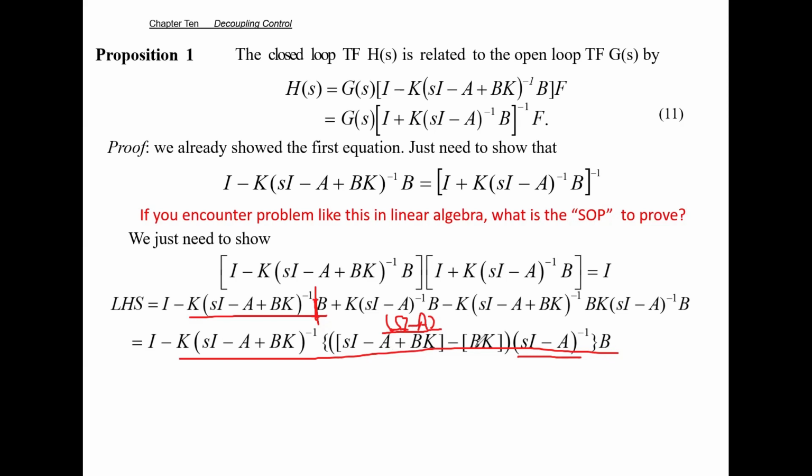Why are we doing this? Because we want to manipulate this form so that you can clearly see how it can cancel out the other terms. But first of all, are you clear about how you can rewrite this matrix in this way?